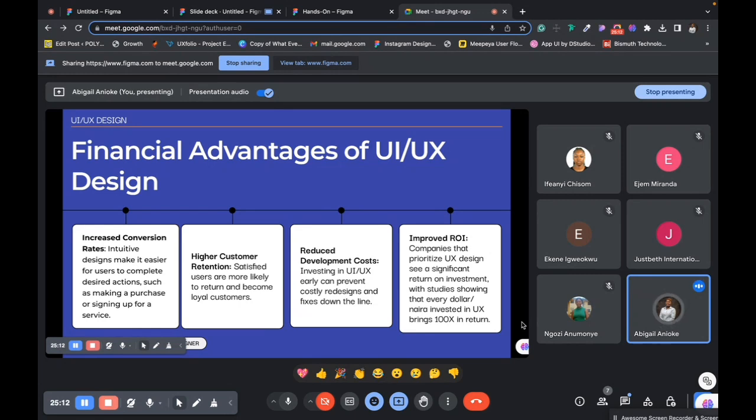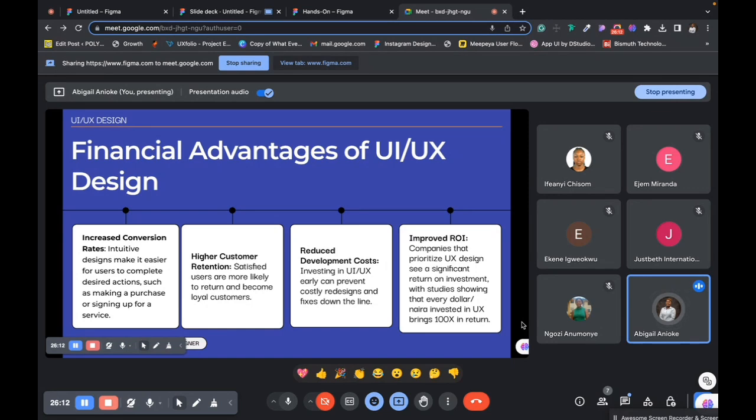So UI UX helps to break down development cost because when you're done with the UI, you are seeing it, you are using it. We have prototypes where you get to at least test the experience and what it looks like.